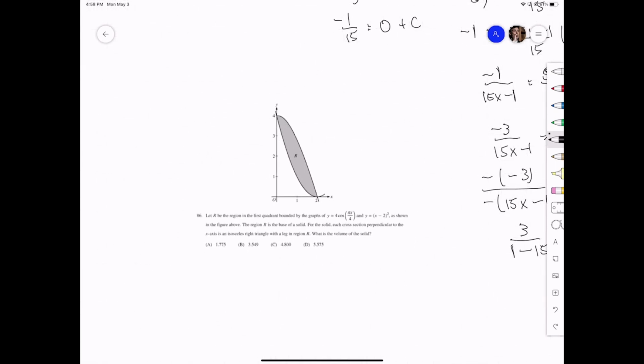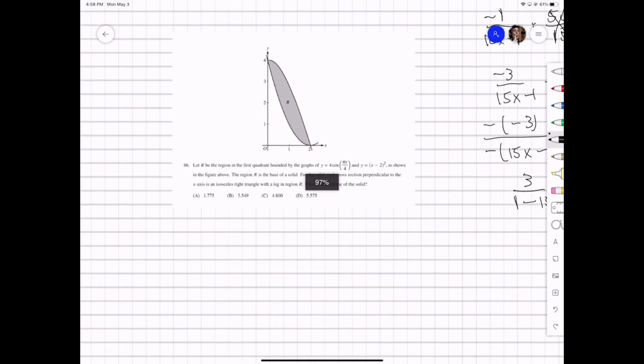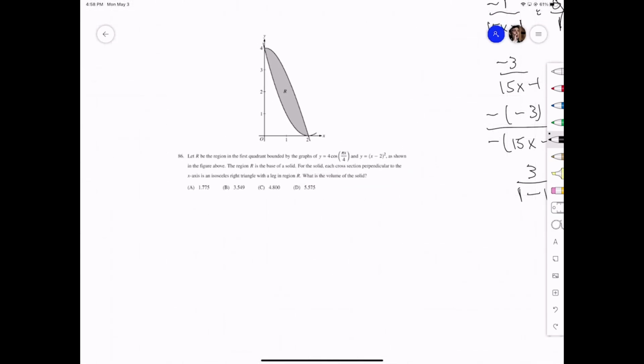So this is the last problem. Let R be the region bounded by those two equations. For each solid, there's a cross-section perpendicular to the x-axis that is an isosceles right triangle. Each cross-section is this.